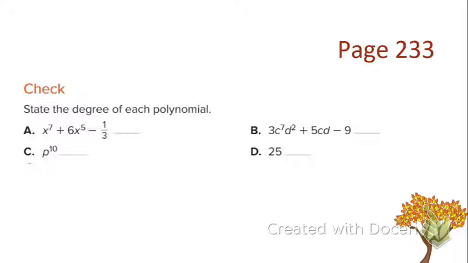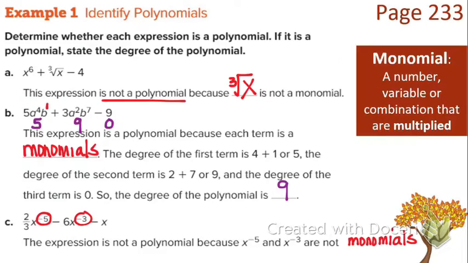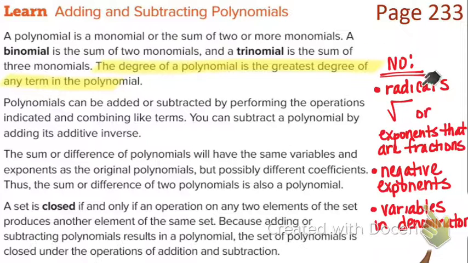So looking at these questions on the bottom of page 233, simply tell me the degree of each one. So going back again, remember the red lights are radicals, exponents that are fractions, negative exponents, or variables in the denominator. If you don't see that, then that means that it is a polynomial and you can state the degree.